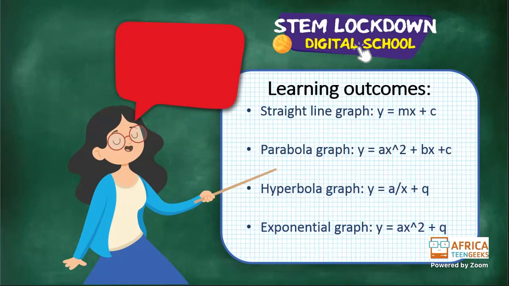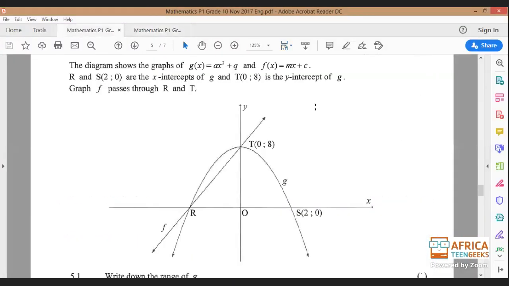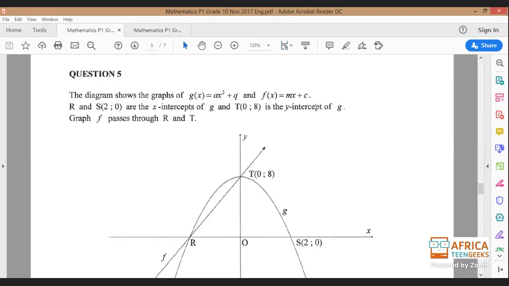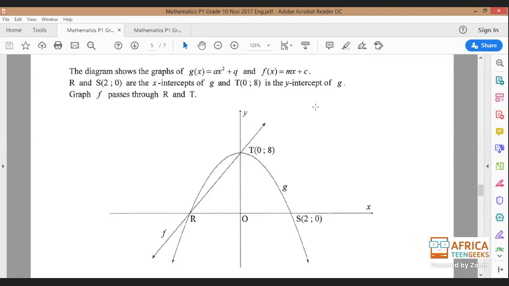Okay, cool. Now we need to go to our worksheet. As I said earlier, we'll be looking at November 2017, questions 5 and 6. In question 5, you are given a parabola graph and a straight line graph.